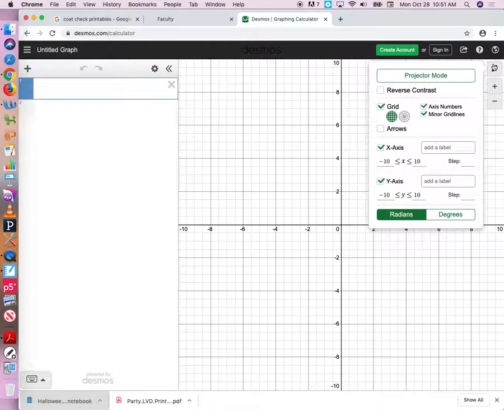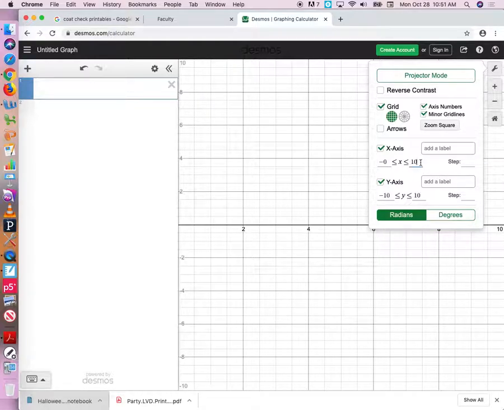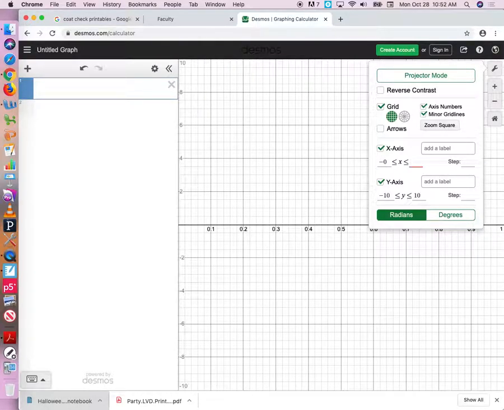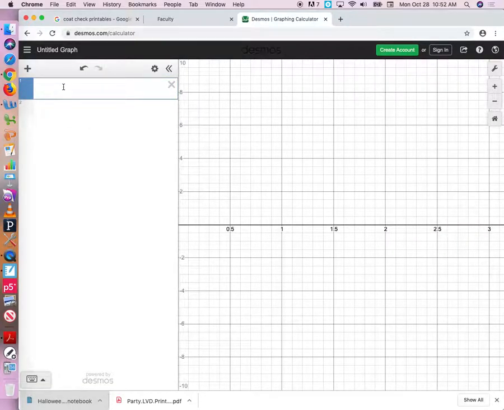If I make my window here go from 0 to pi, if I know the period of tangent is pi, let's see, if I graph sine 2x, all right, I'm not going to put the x in yet. Probably need it in parentheses, actually. But as soon as I put this x in here, what will the period of sine 2x be? 2 pi over 2? It'd be pi.